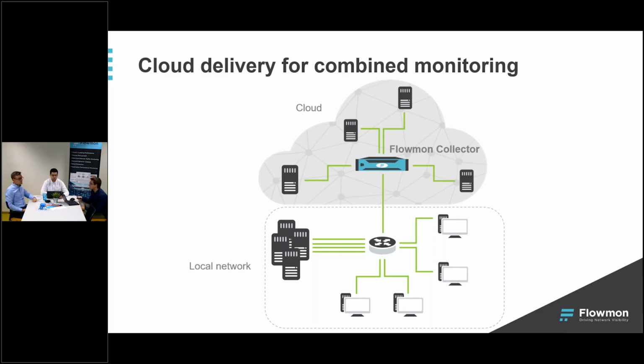You have some combination of services in both locations, and in such a case you are able to deploy Flowmon Collector in the cloud or locally, the normal usual way, and basically monitor both what is going on in your local network and what is going on in the cloud, and have a combined view of all these environments. And basically you are able to monitor your services in the cloud, such as Office 365 and so on.